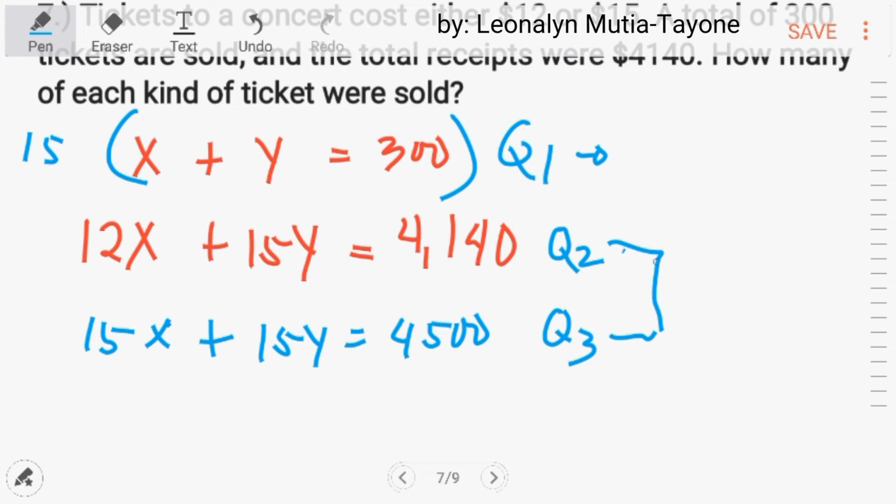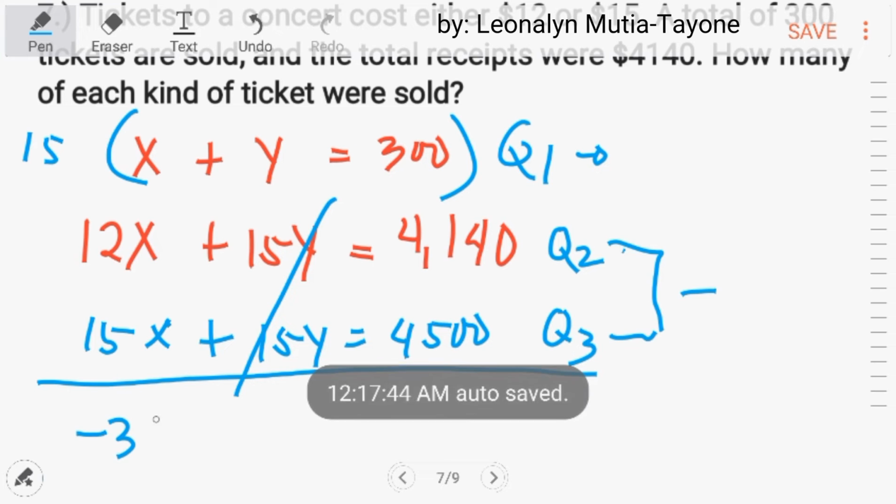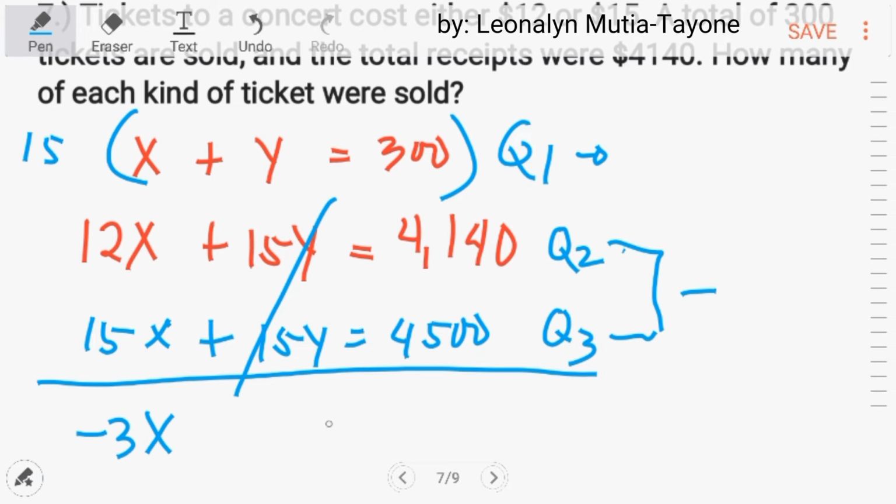Ito yung i-combine natin. So, mag-deduct tayo. And this is, wala na yan. This will be negative 3x equals negative, and this one is 4,140 minus 4,500. And that is negative 360.